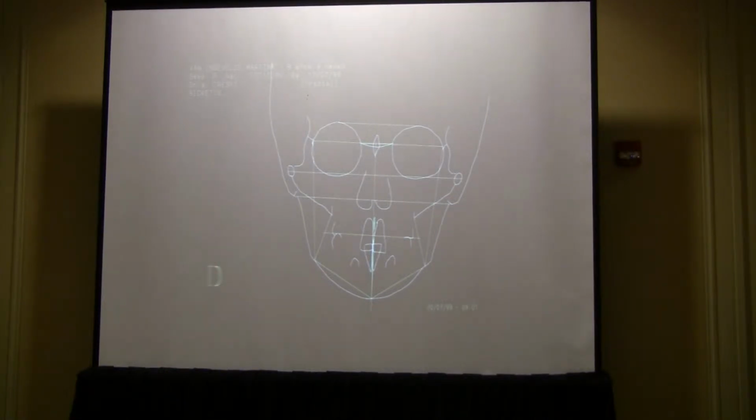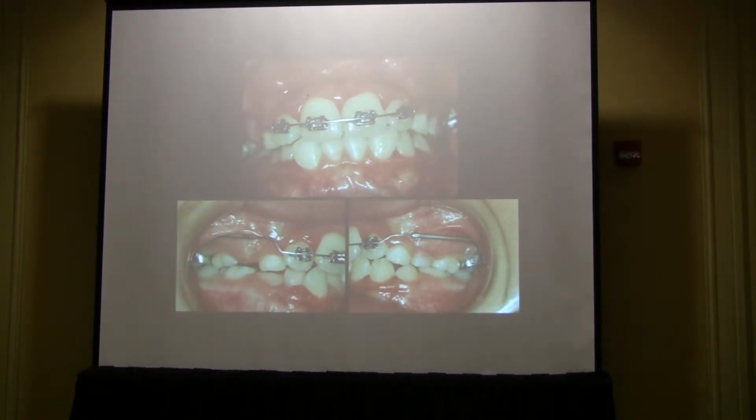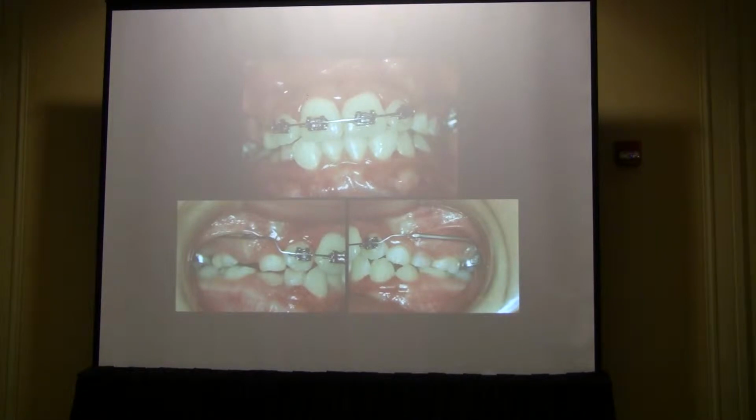There were neither skeletal nor functional noticeable disorders. And I started unlocking, aligning with an upper preformed utility arch. The same arch 6 months later. The beginning and 6 months with the same arch.